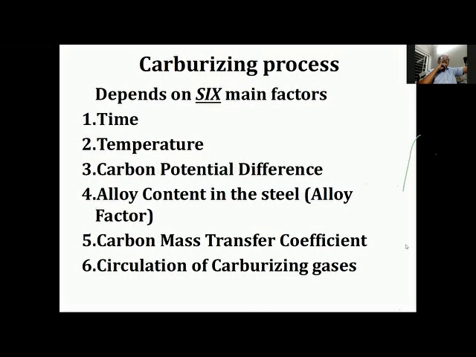The carburizing process depends on 6 main factors. There will be many, but I'm just taking 6 which are really important. Time: we know that with more time the case will be deeper, but the relationship is very adverse.